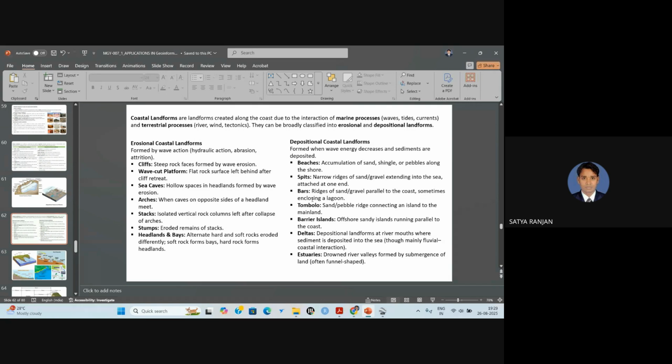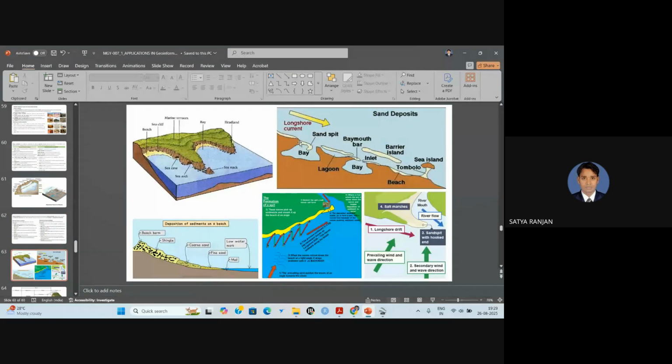You mostly see the beach as a depositional landform. Spits are there, a narrow ridge of sand, bars, ridges of sand also, tombolo that is connected with some land part, then barrier island, then delta, and then estuaries. So these are all depositional landforms. A lot of other coastal landforms are also found.